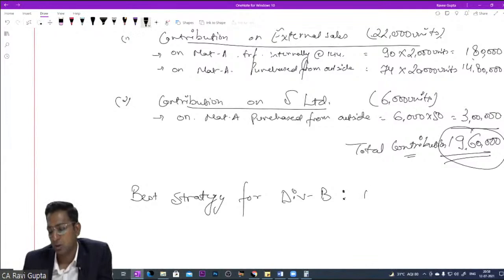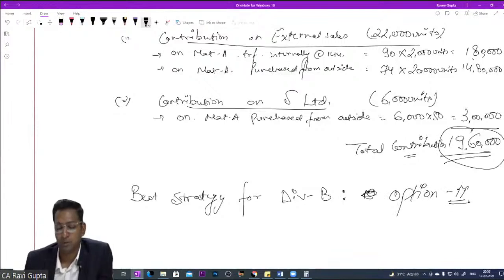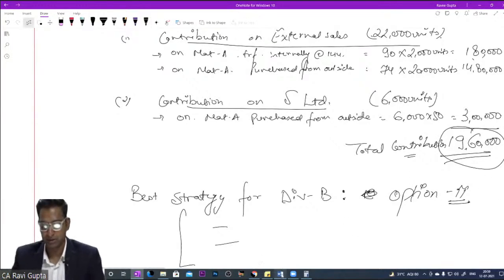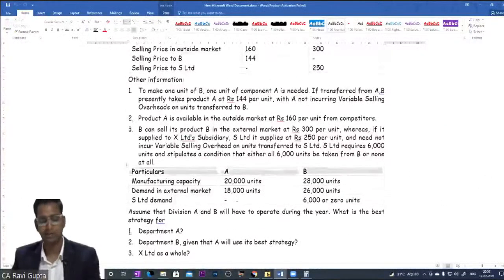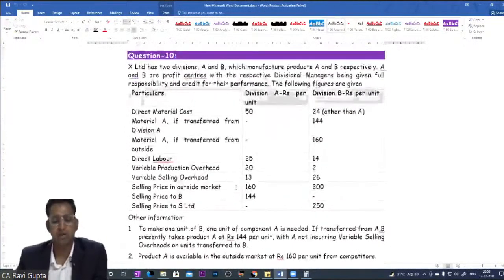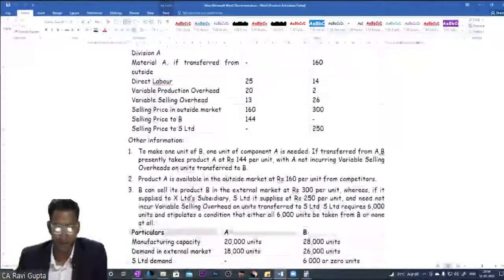So we will choose option B as the best strategy. You have to mention what the best strategy is here. That's it. X Limited as a whole, we will be discussing in the next class.